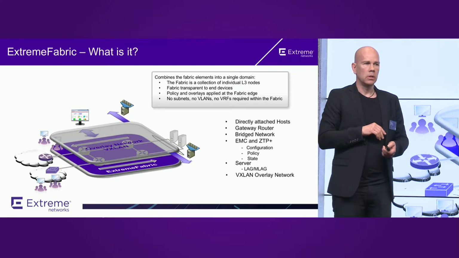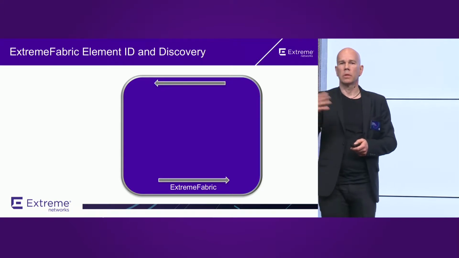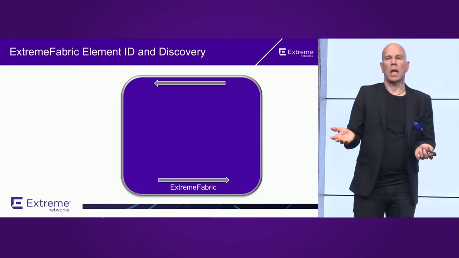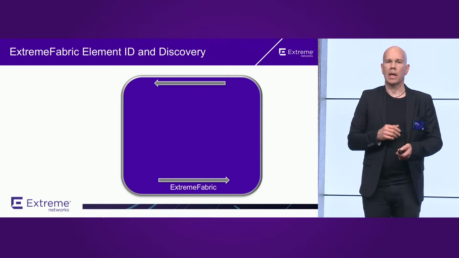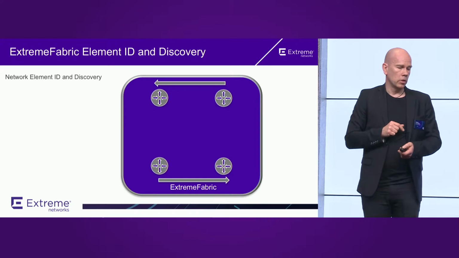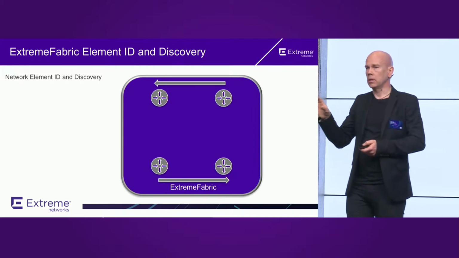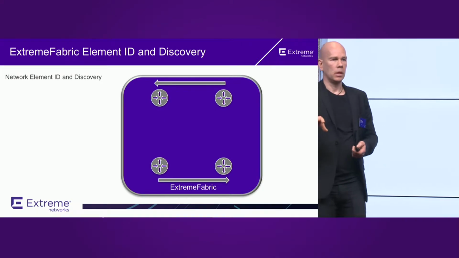Now the question is, how do I actually start to build a fabric? As I've been talking about zero-touch provisioning, I've been talking about some magic that just happens because you start to connect your elements into the fabric and some kind of signaling is going to happen. So the first thing you are going to have is obviously your elements. I'm interchanging the words elements, nodes, switches. Think of these as the same thing.